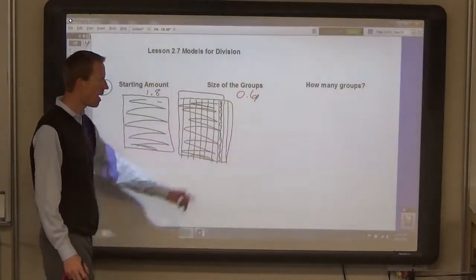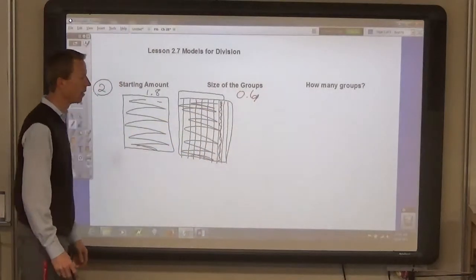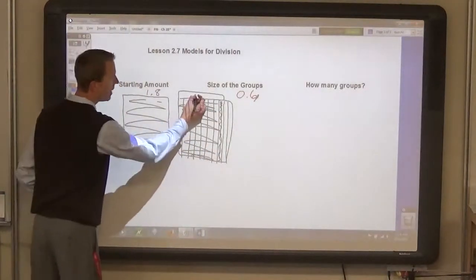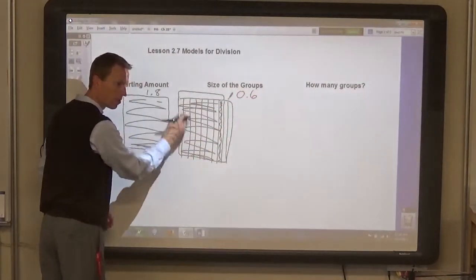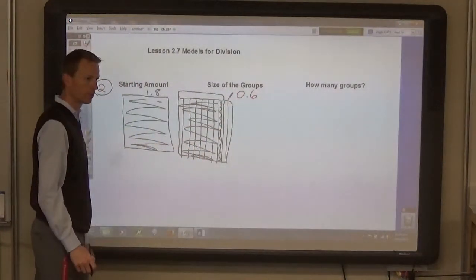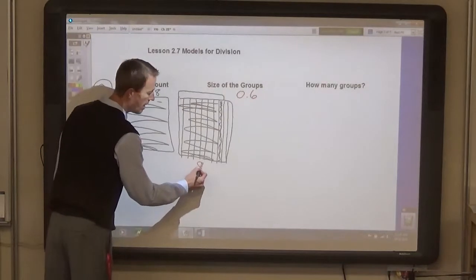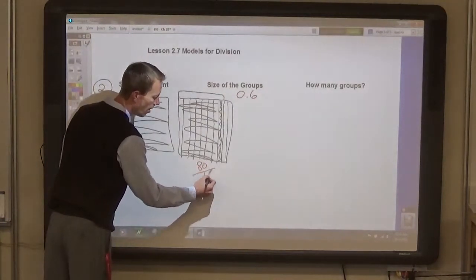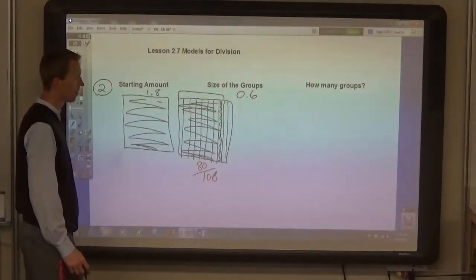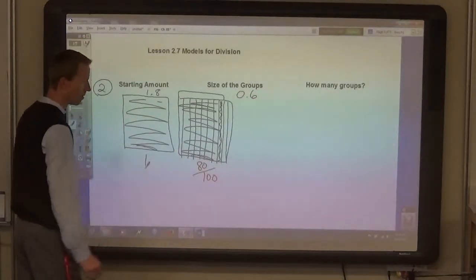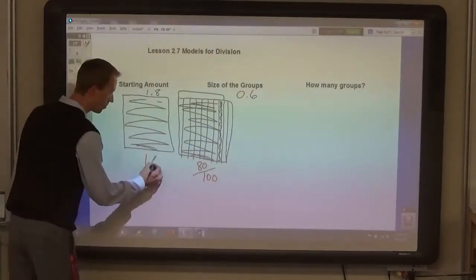That's the size of the group that we're making. Where's the 8/10? This is 8/10 because it's 8 out of 10 rows, or it's 80 out of 100 total. 8/10. This is 1 whole.